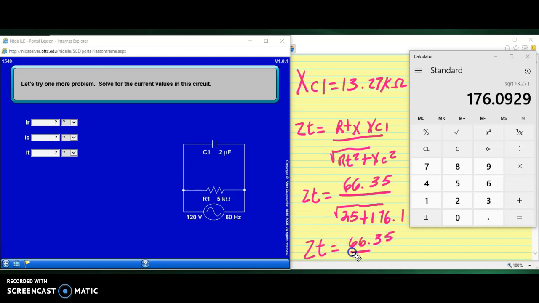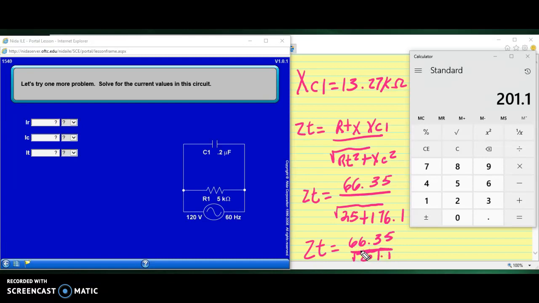So ZT is equal to 66.35 over 201.1, if I'm doing my math right, and I've got to get the square root of that even. So let's add 25 plus 176.1, which equals 201.1. And again, I forgot to put the square root symbol there, so let's do that, lest I forget.